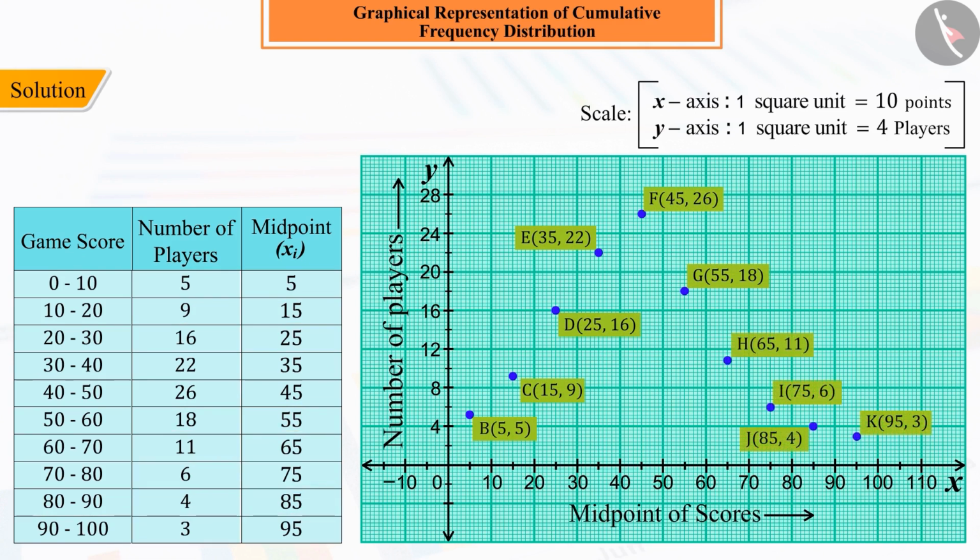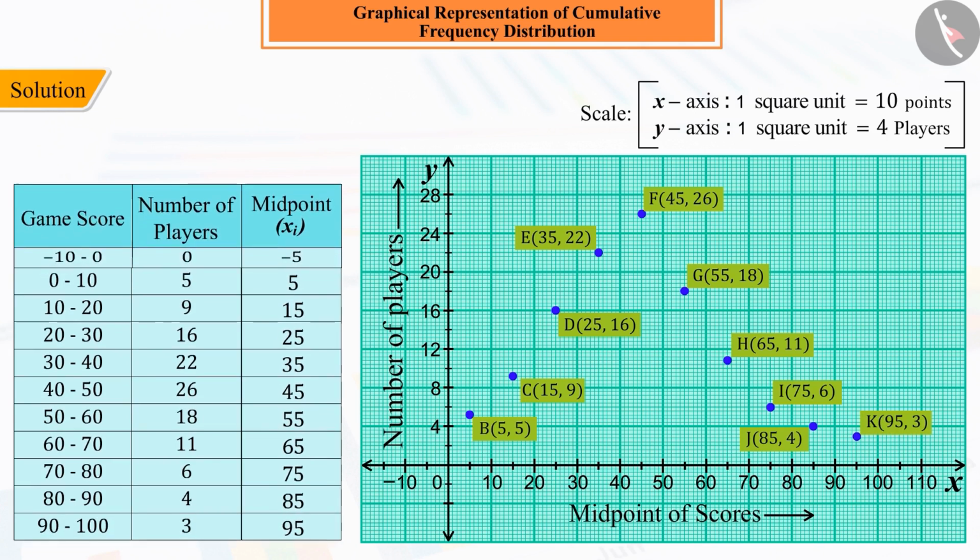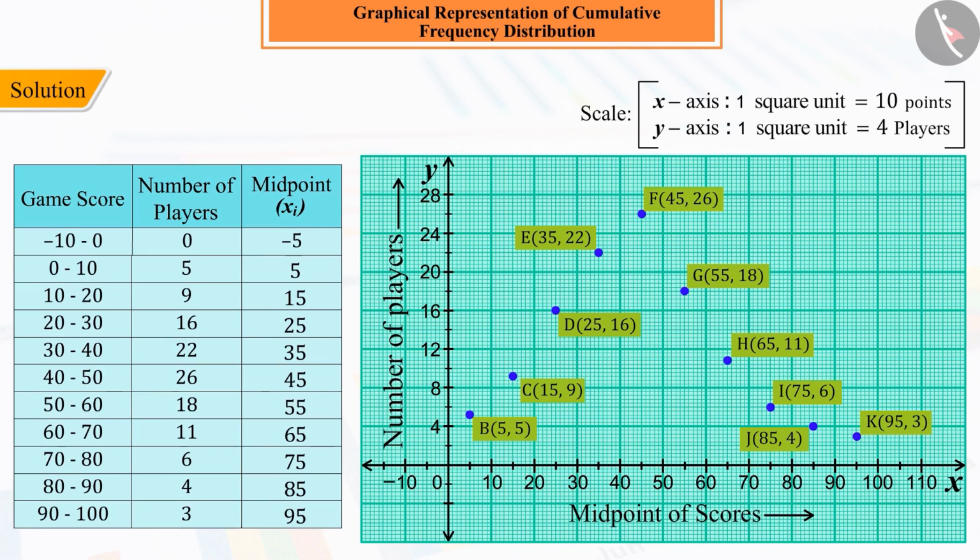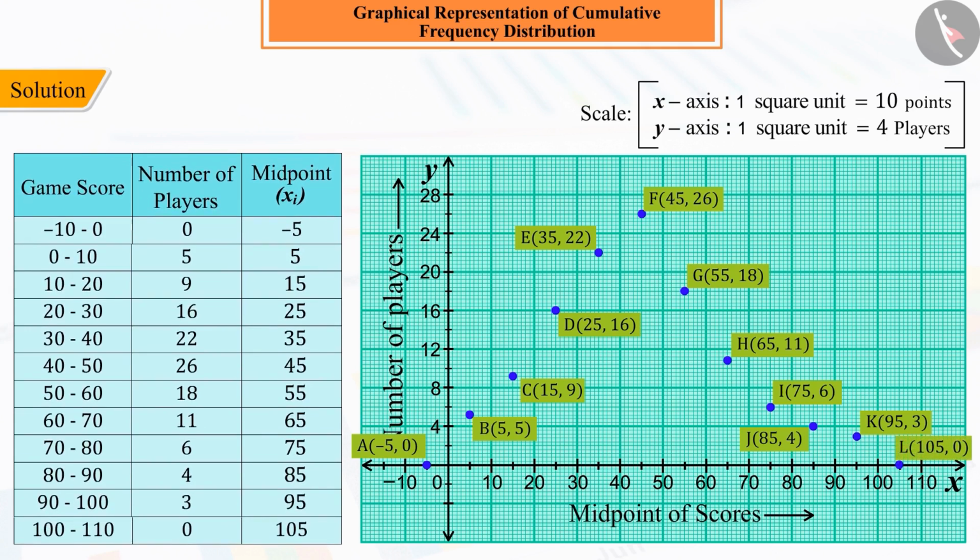But keep in mind that a point represents 0 frequency, which comes in the class -10 to 0, which is just above the 0 to 10, and the midpoint of that interval, that is -5. And also plot point L, that is (105, 0), that comes just after point K, that is (95, 3).